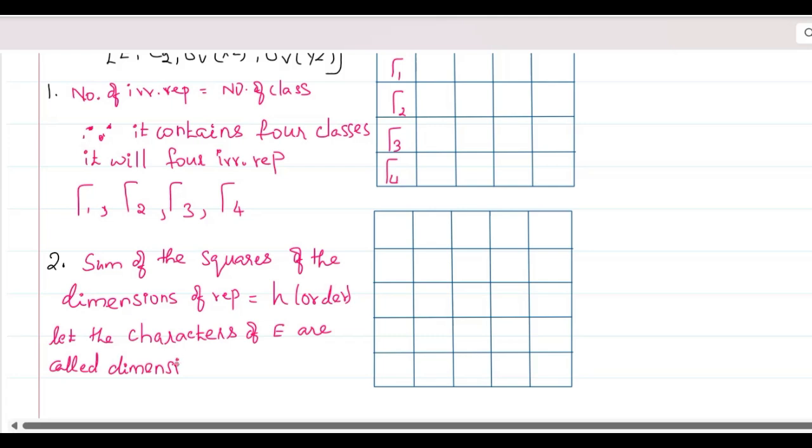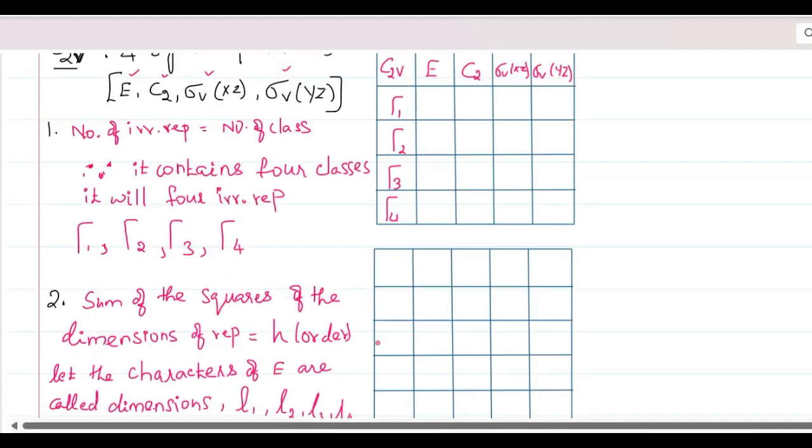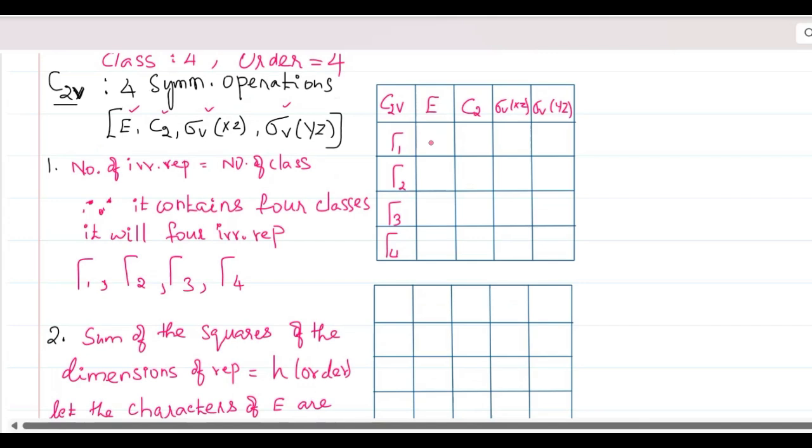If that is the case, then we could label the 4 characters of the E representation as L1, L2, L3 and L4. These are all the characters of the representation E. Let us just write here L1, L2, L3, L4.